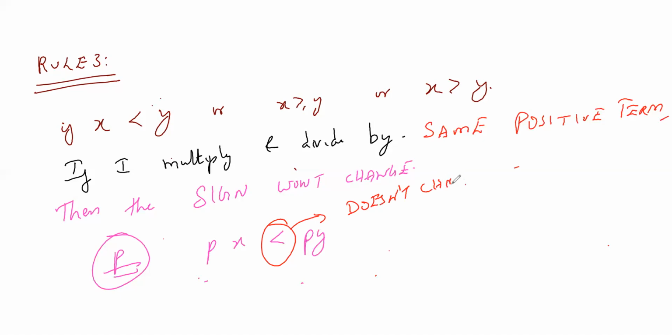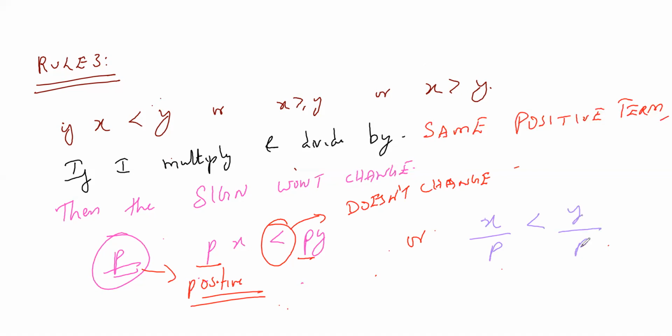But only one condition: this P should be a positive integer. This P term should be positive. Whether you are multiplying or dividing, x by P less than y by P, here also this won't change.